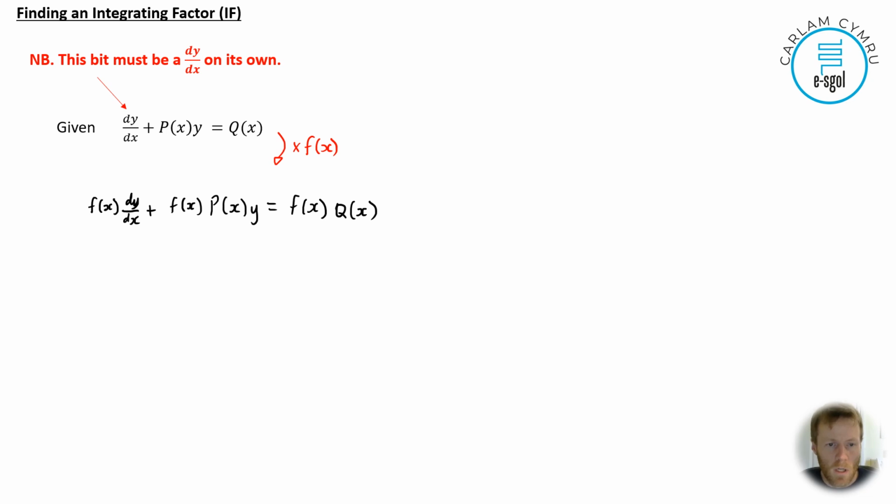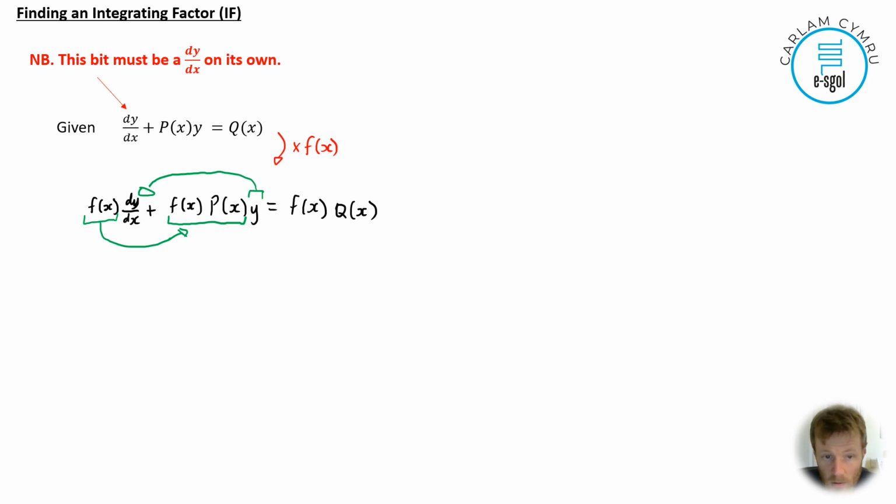We've got our kind of original functions, and then we're multiplying by f of x. The situation that I want is I would like it to be so that f of x here will differentiate to take me to f of x p of x, so this bit here, and I want the y to differentiate to take me to this bit here, dy over dx. Okay, so that's what I'm thinking about.